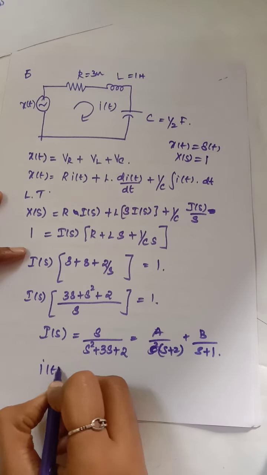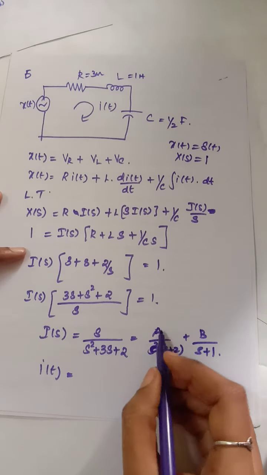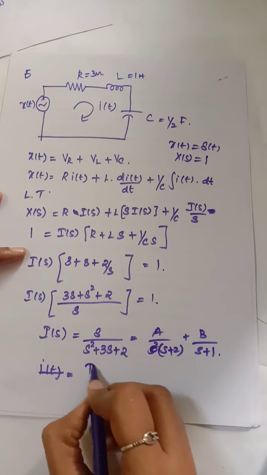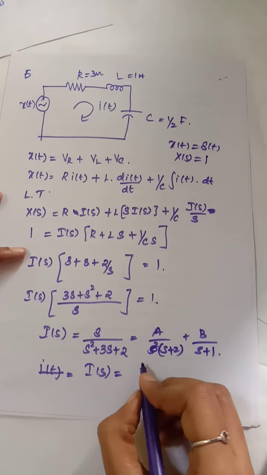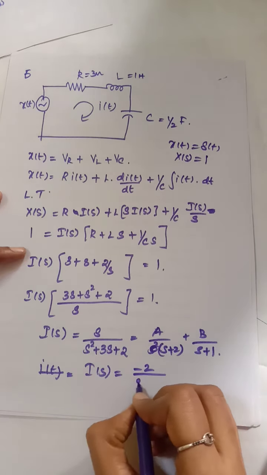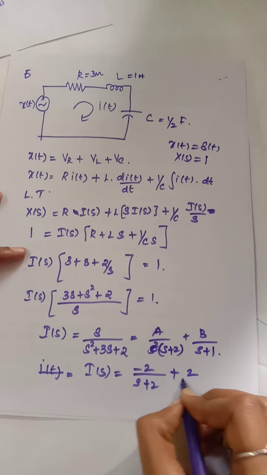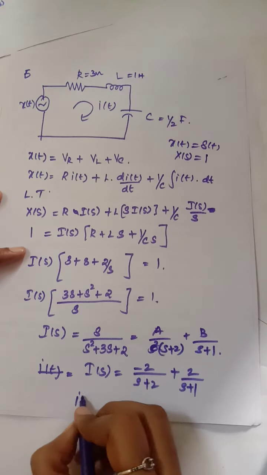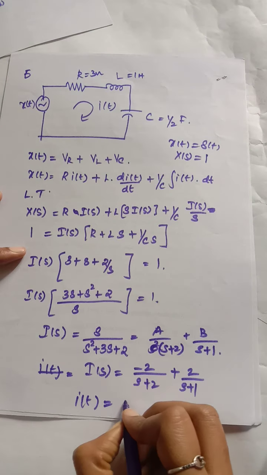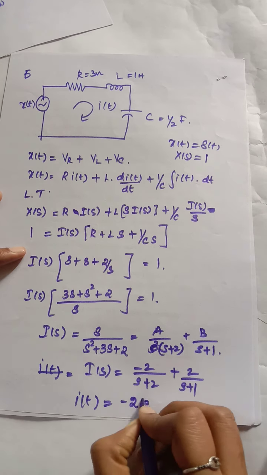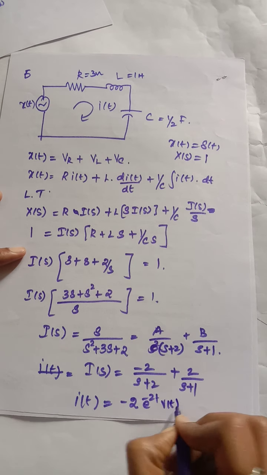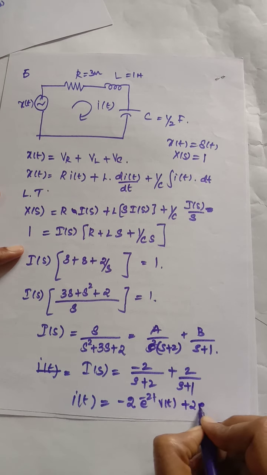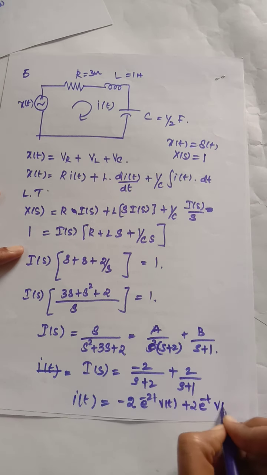Taking the inverse Laplace transform, I of t is equal to, first you need to find the values of A and B. So here the A term is minus 2 by s plus 2 and the B term is 2 by s plus 1. So your I of t, by applying the inverse Laplace transform, is minus 2 e power minus 2t into u of t plus 2 e power minus t into u of t.